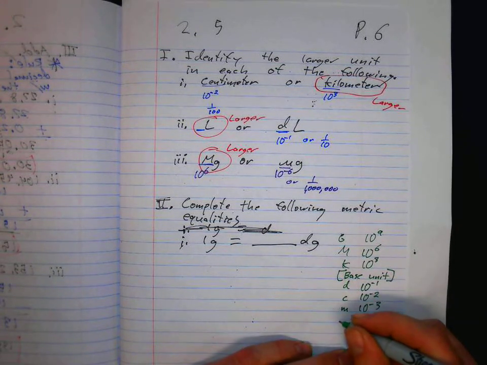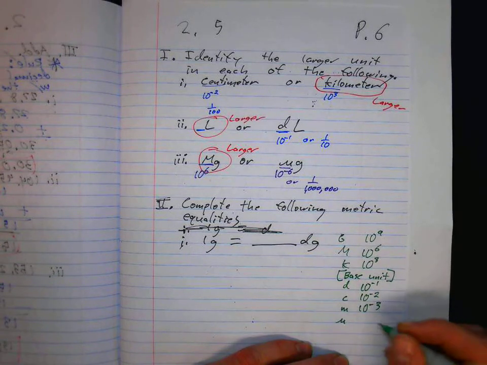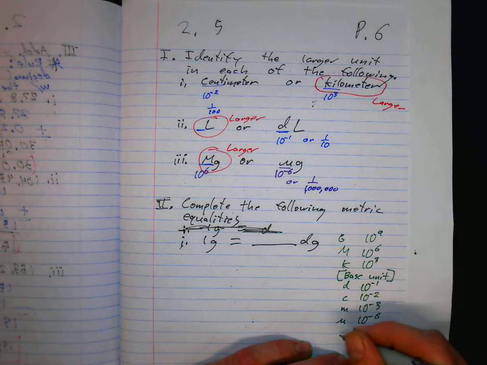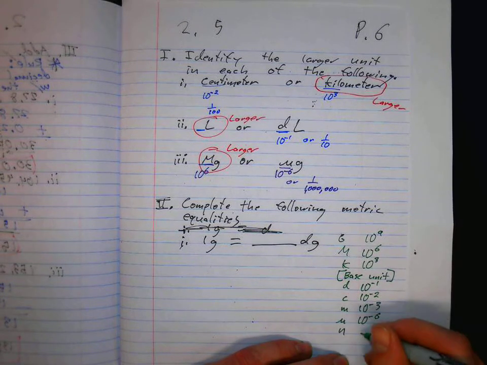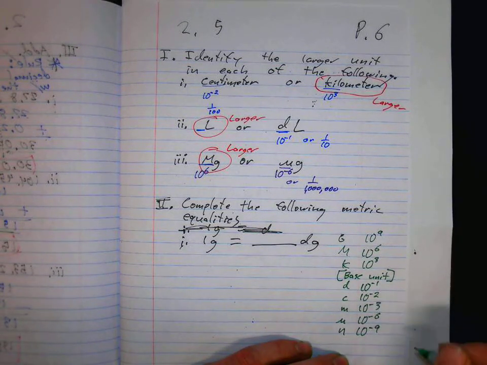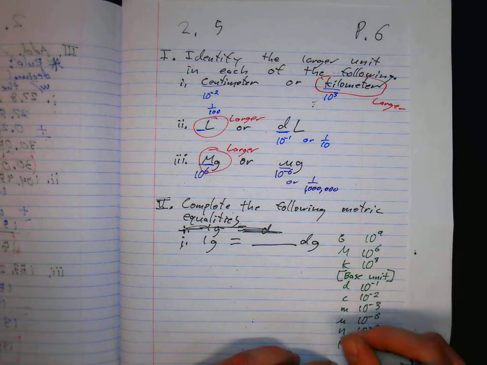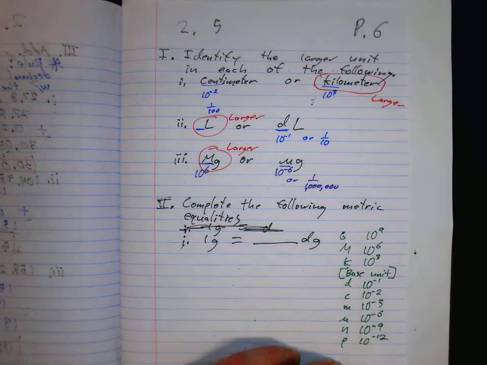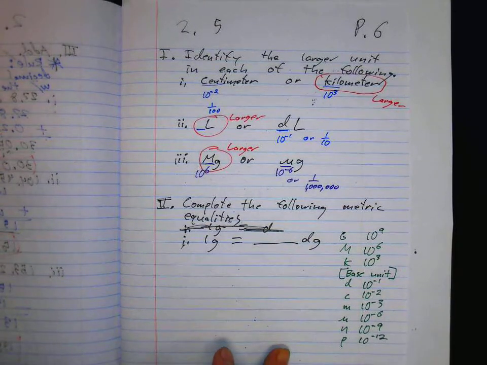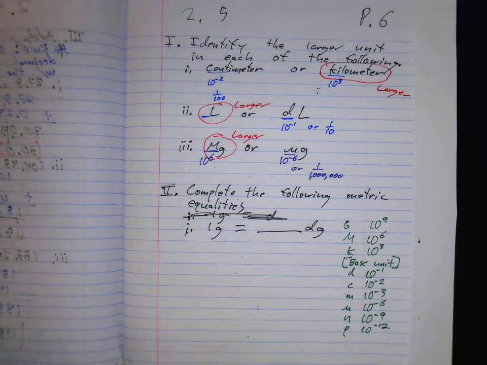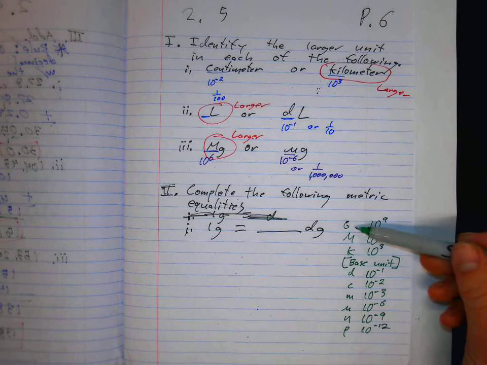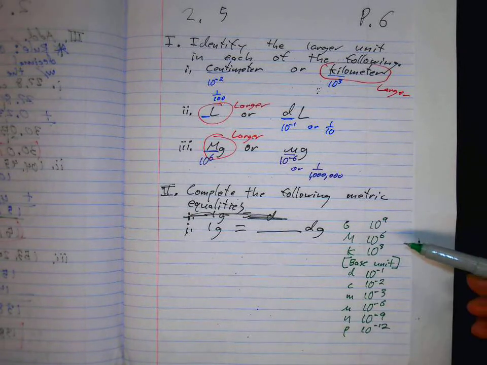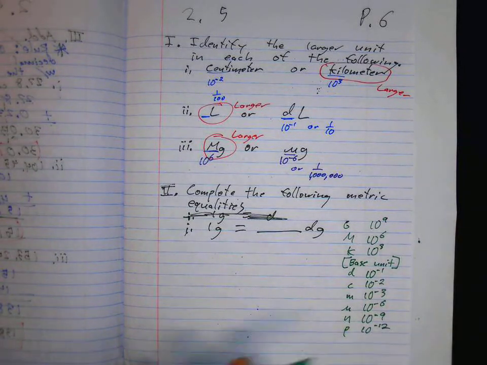So the next one is going to be micro. Micro is 10 to the negative 6. Then we have nano, 10 to the negative 9th. And pico is 10 to the negative 12th.